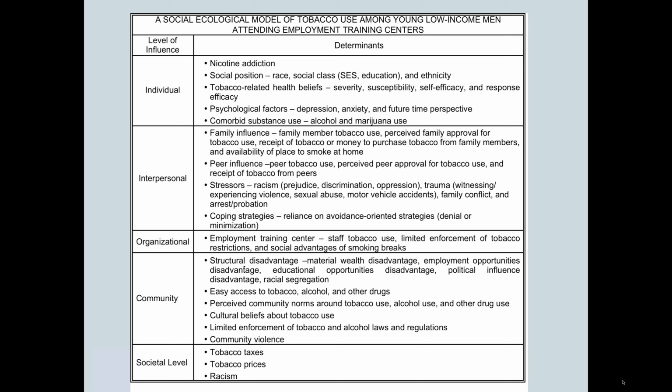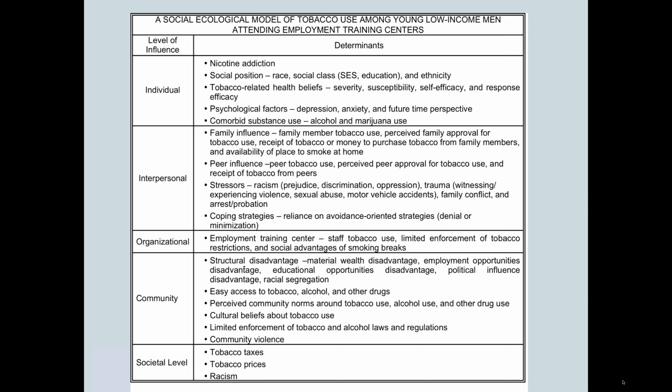Other community factors include easy access to tobacco, alcohol, and other drugs, the community norms around tobacco use, cultural beliefs about tobacco use, limited enforcement of tobacco and alcohol laws and regulations, and community violence. And finally, at the societal level, tobacco taxes, tobacco prices, and societal level racism.